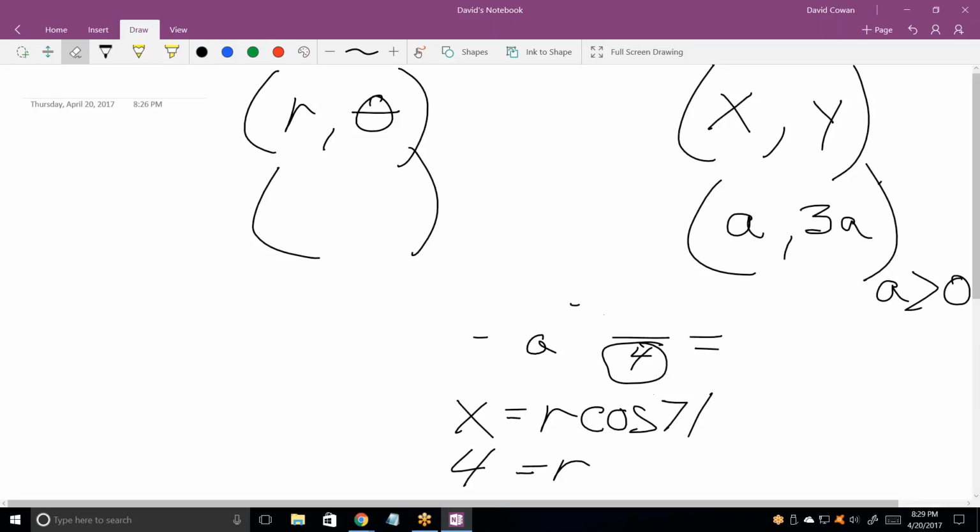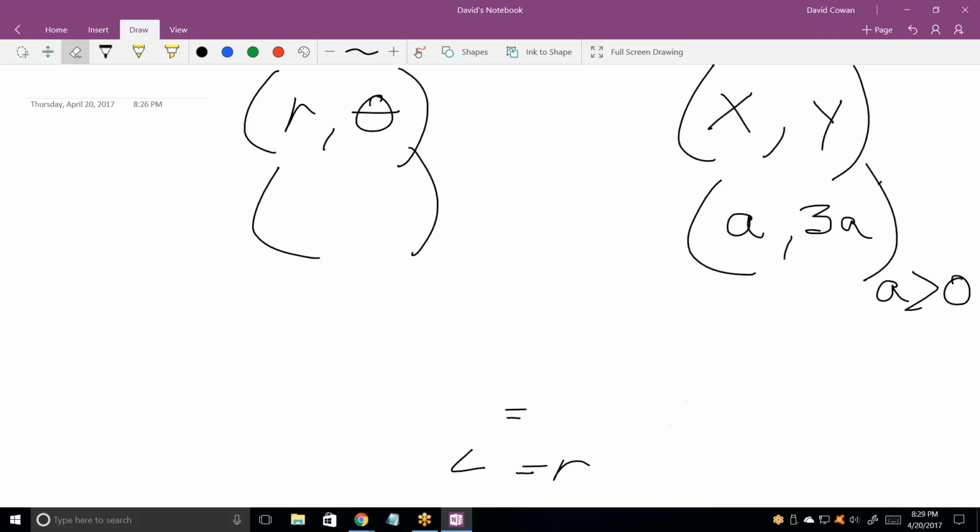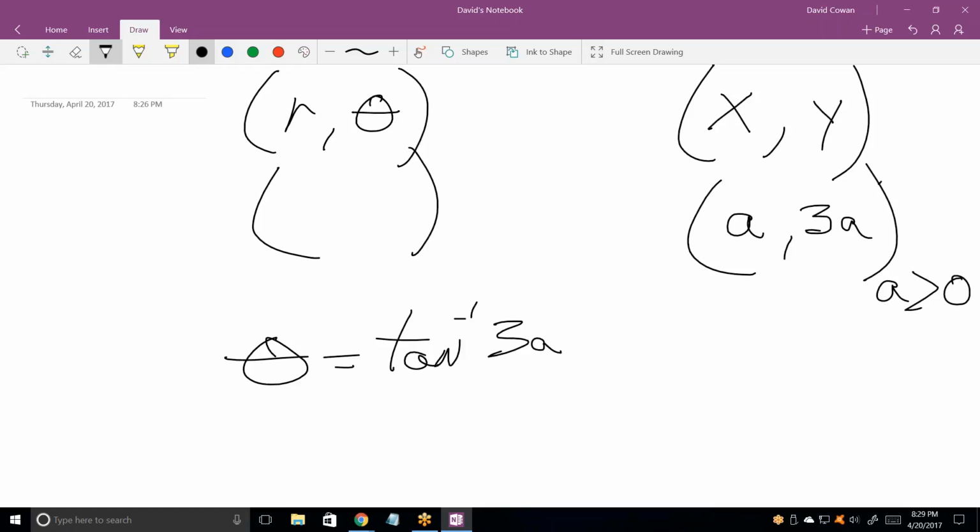Take the inverse tangent of a over 3a. Or no, put something in for a. Oh, no, you were right. I want to solve for theta, right? Well, theta is the inverse tan of 3a over a, and they told us a was greater than 0. They told us that for a reason. That means we don't have to add pi to it.